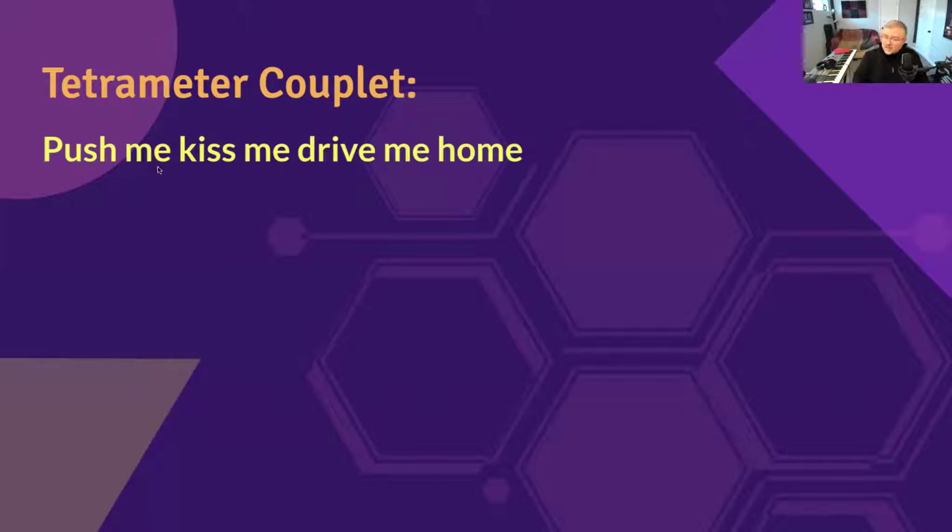Why are the "me"s unstressed? Because they're a pronoun. They don't carry meaning. They are a word that sets up another word in the sentence. So the words that actually hold meaning are push, kiss, drive, and home, right? Those are the stressed syllables.